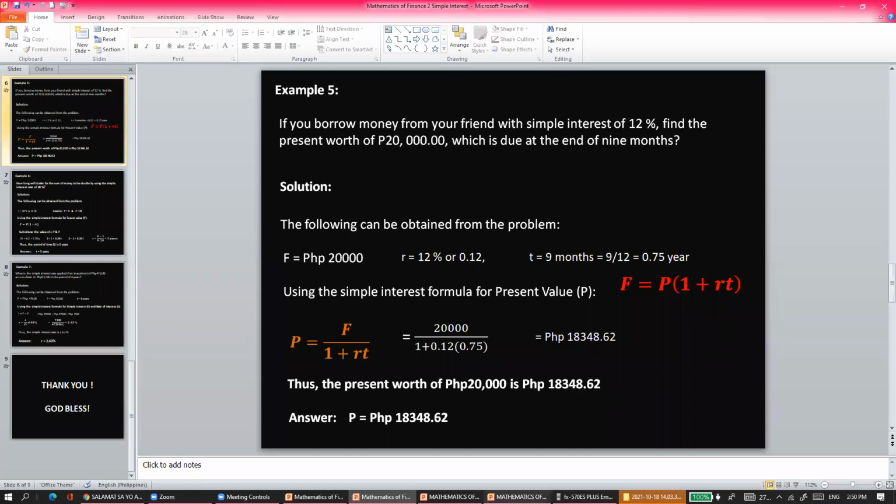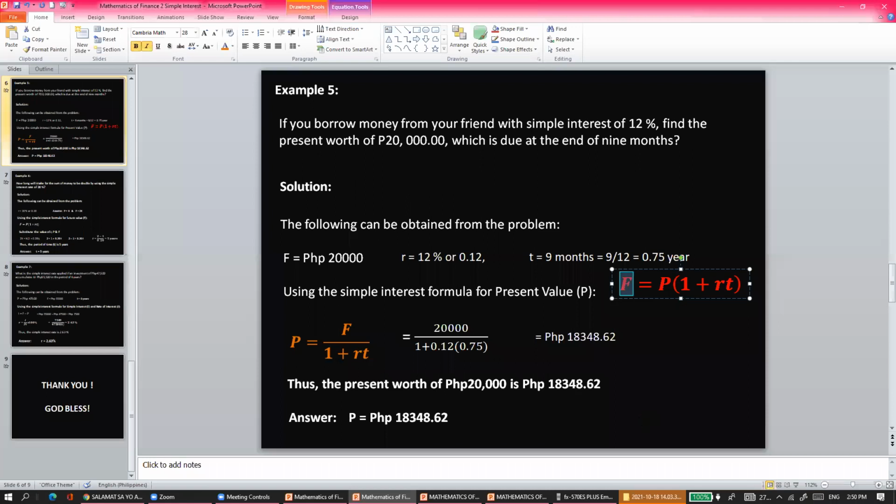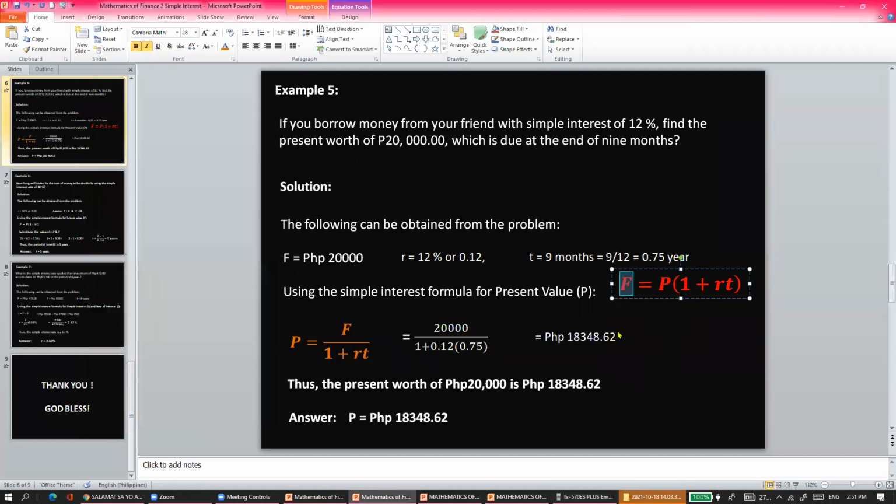Tingnan nyo, gagamitin ko yung calcu. Let us see if we will obtain the same result of 18,348.62. The F, ito tayo, F is what? 20,000. So I'll type 20,000 alpha calc. What is being asked is P. So instead of writing it as P, I'll type alpha X and then open 1, ito yung 1, plus.